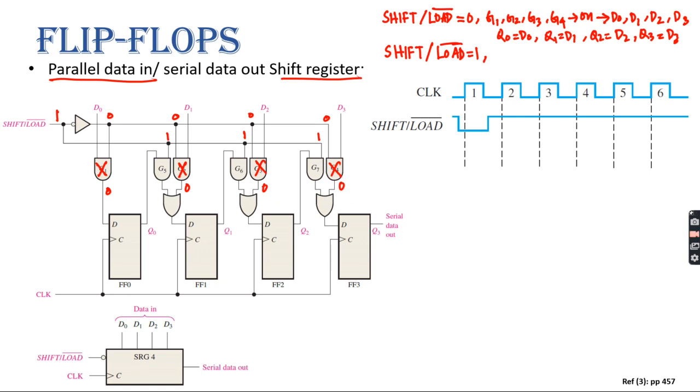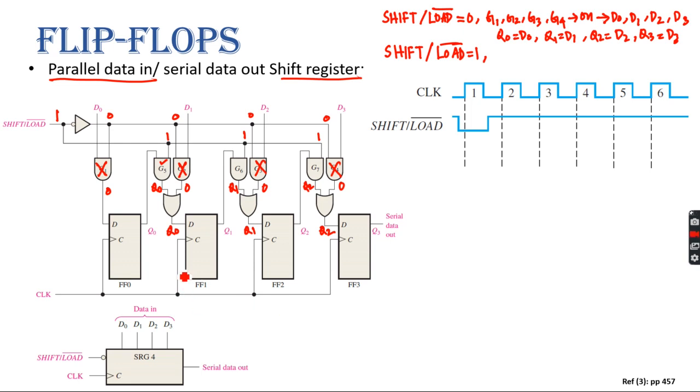Yes, sir. So what will happen now? Here you can see when this value is 1, Q0 will come as an input for G5, right? And the output of this AND gate will be Q0. So Q0 plus 0 will give you the input here, right? Yes, sir. Similarly, the output here will be Q1, so the input here will be Q1 and the input here will be Q2. So the input for this flip-flop will be Q2.